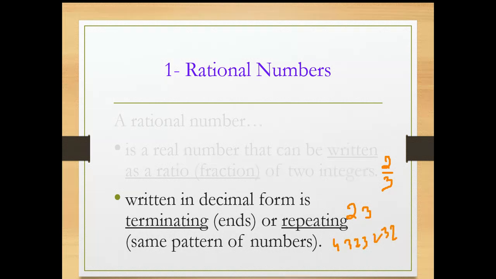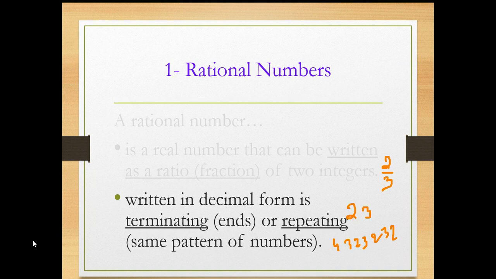So the original definition of rational numbers is the numbers that can be written as a fraction. If it's given a fraction, it's rational. If it's given a decimal with a repeating pattern, it's rational. And if it's given a decimal with an ending terminal decimal part, it's also rational.